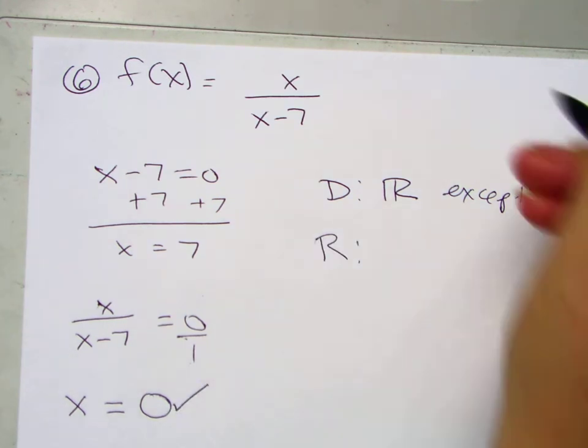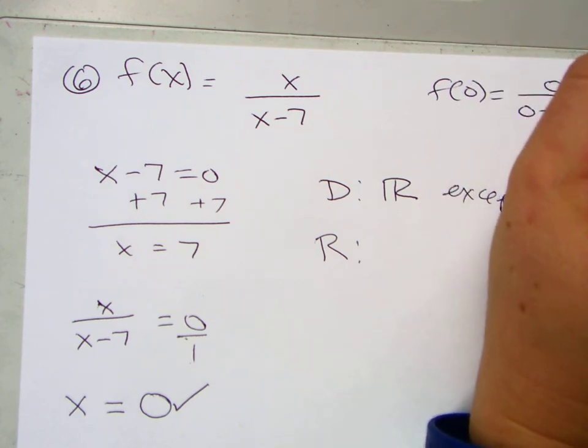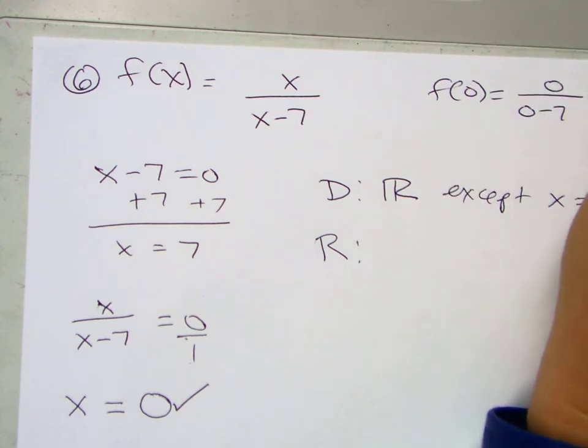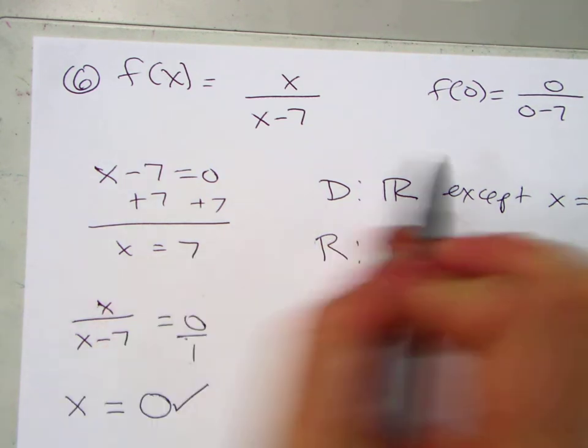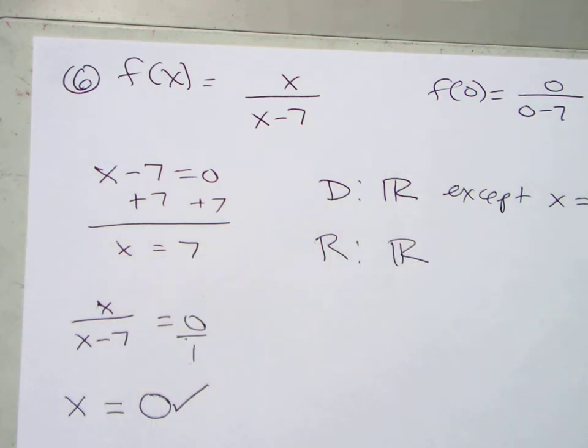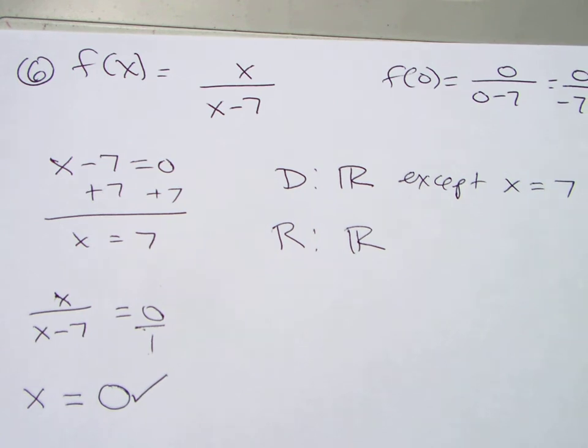If you plug in 0, f of 0 is 0 over 0 minus 7. 0 over negative 7 is 0. So you can get anything. It may not be a nice number, but you can figure out any number for this equation. The range is all real numbers.